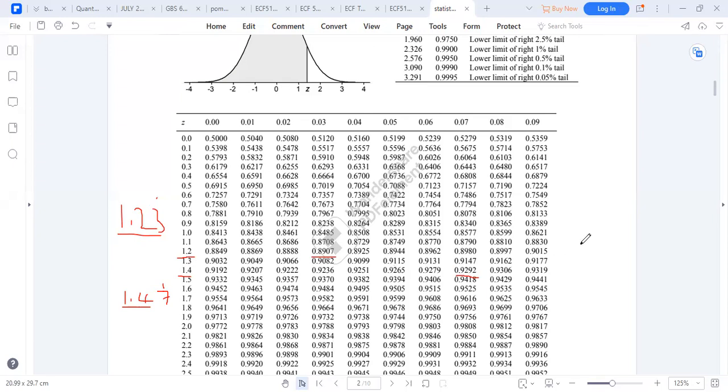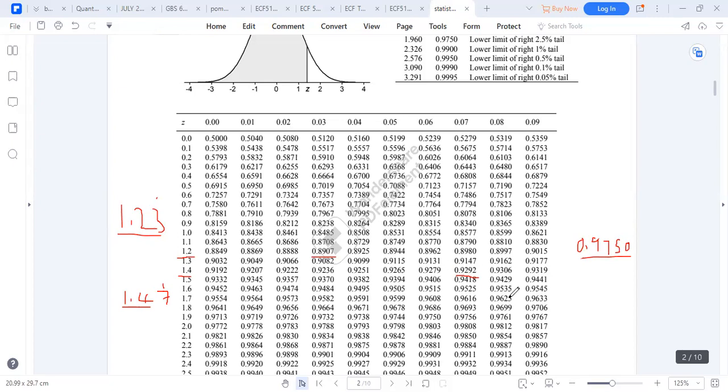Give me the reading for 0.9750. Can you give me the 1.86? We look for it on 1.8 inside.